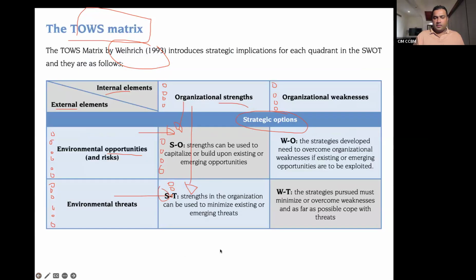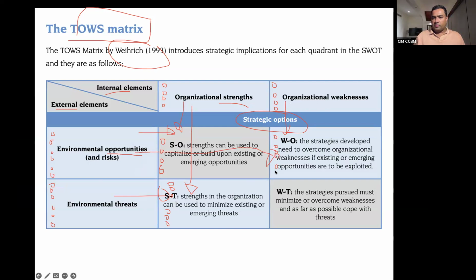Then the third one is, you can put the bullets here. What are the weaknesses you need to overcome to exploit the opportunities that you have identified? You can put those thoughts here.